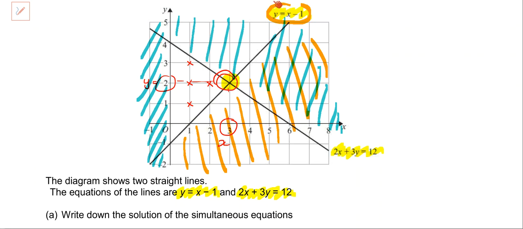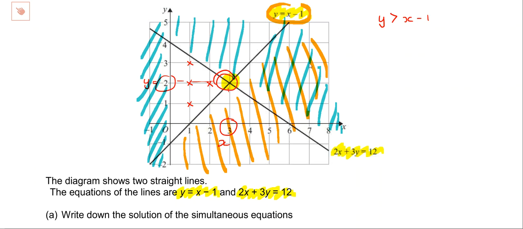Because that doesn't meet this one. It has to meet both inequalities, not just one or the other. So if I put 4, 1 into the inequality, remember the inequality was y has to be greater than x minus 1.